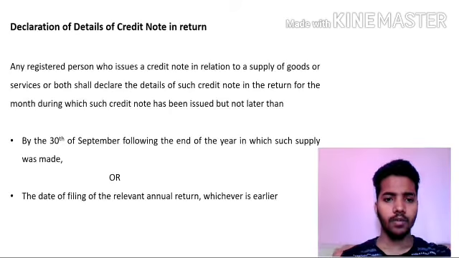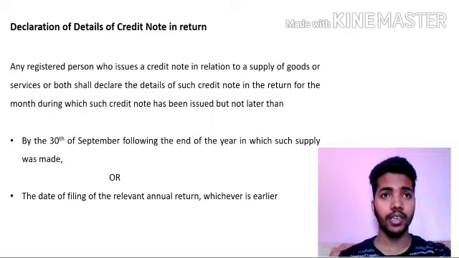So guys, every credit note has to be declared in a GST return.